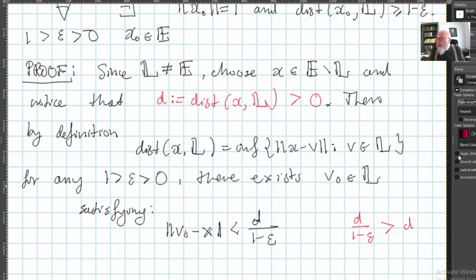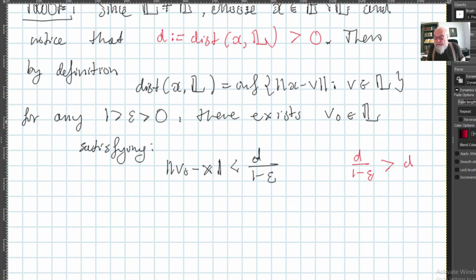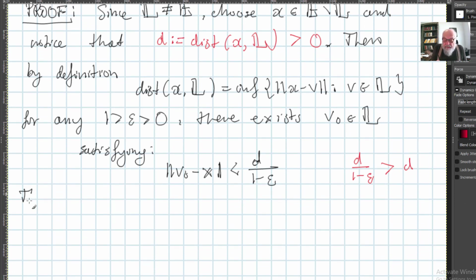Then let's conclude the proof. We put that our x naught will be equal to v naught minus x divided by the norm of v naught minus x.